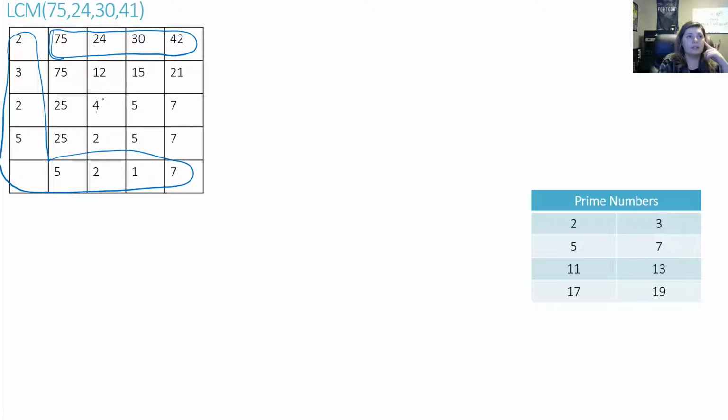So here we can take a look and we can see that we have 2 times 3 times 2 times 5 times 5 times 2 times 1 times 7 equals.